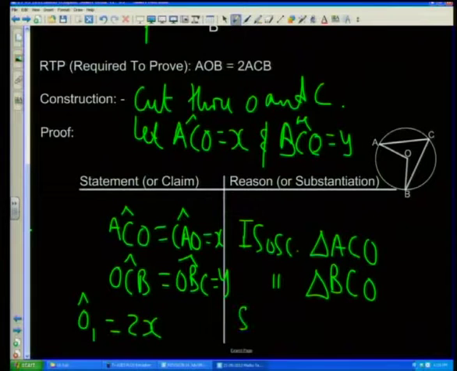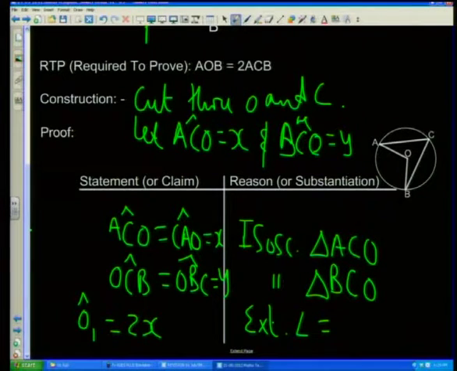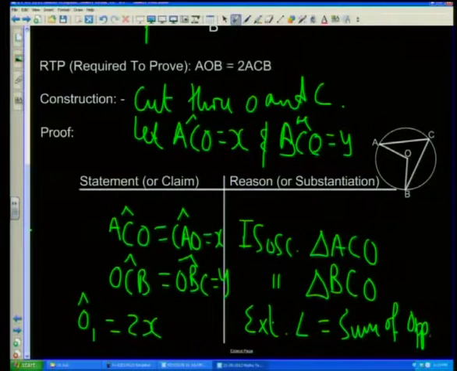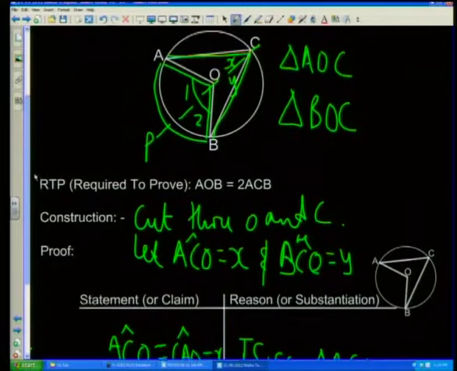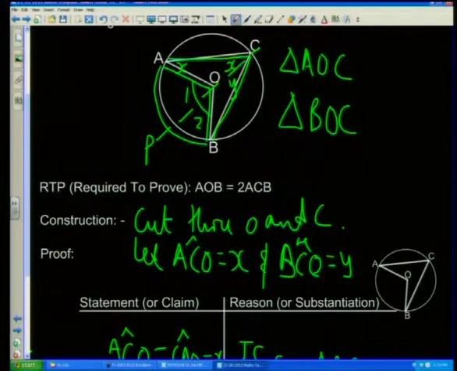That is now exterior angle equals sum of opposite interior angles. So that's the reason why you added x and x in this case, because they are equal. So you added x and x to get your O1.